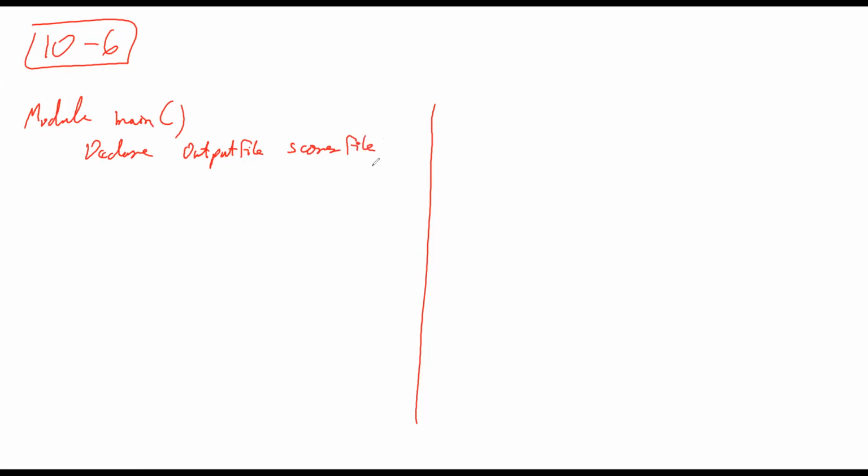Okay. And we know that one because we're going to write. Let's just open the file first and let's see what else we need. So I'm going to do open. I'm going to call it scores file, same name. And then the file is going to be golf.dat.